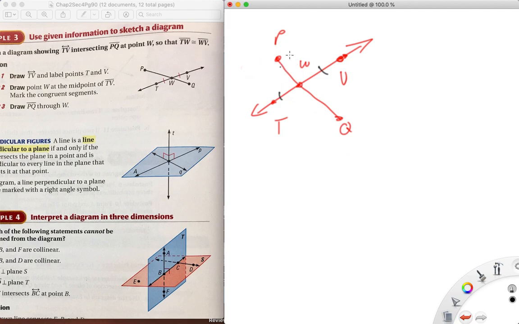They want to know what I can do to show that the other segments are congruent. I would have to put two markings. And once I put two markings here, then I can say that PW is congruent to WQ according to this drawing here.